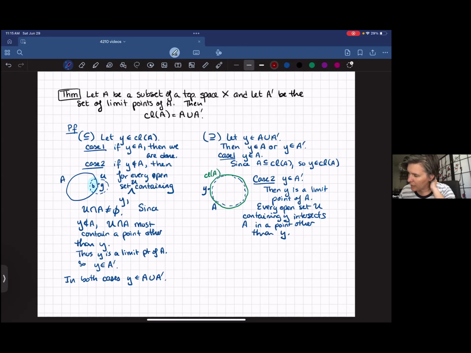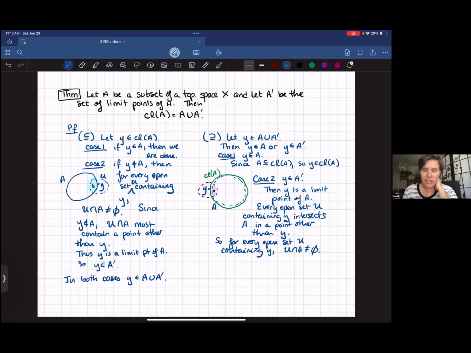So if I were to draw an open set U containing Y, it would have to have some points in this region. And in fact, there has to be at least one point there, and that point can't equal Y. It turns out here, it doesn't actually matter that it can't equal Y. What this means is that for every open set U containing Y, U intersect A is not empty.